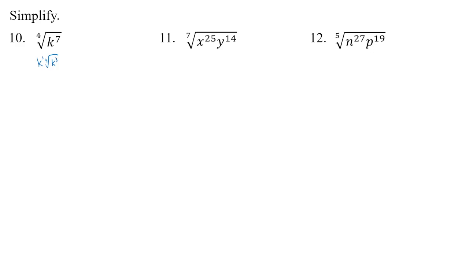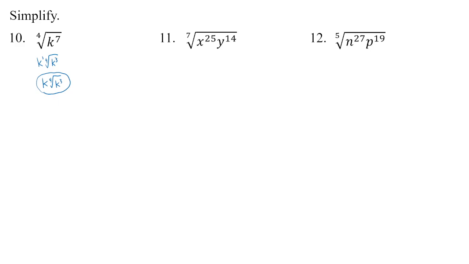The quotient exponent goes outside of the radical sign, whereas the remainder stays inside. Therefore, the solution is k times the fourth root of k to the 3rd.